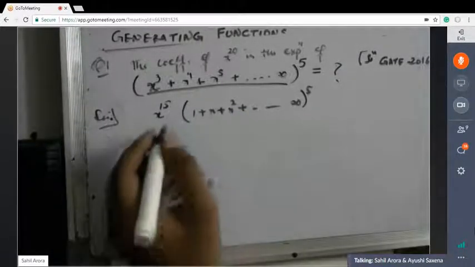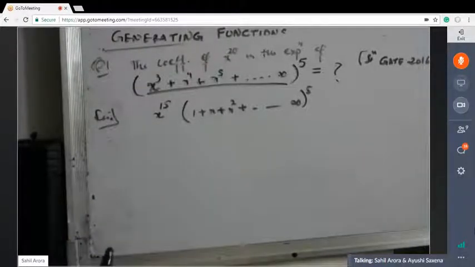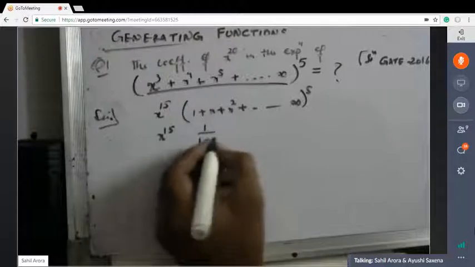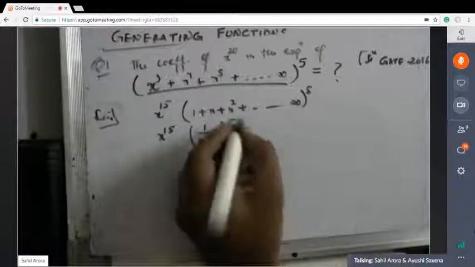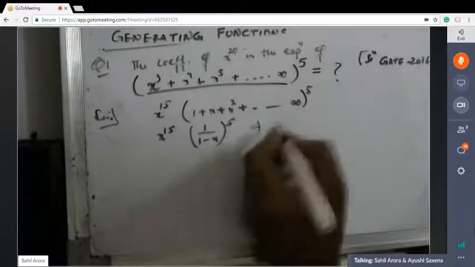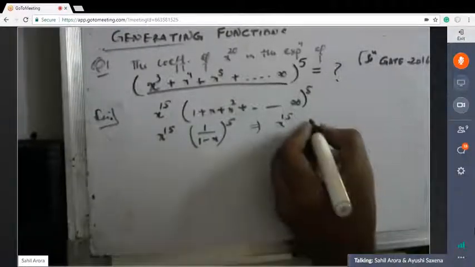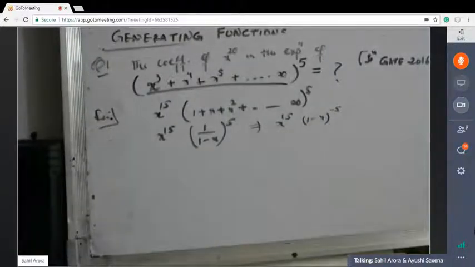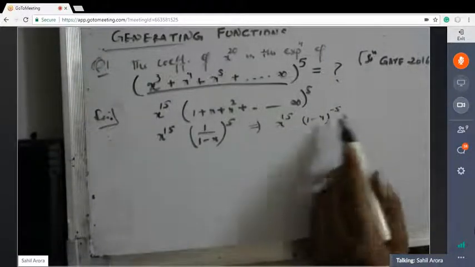Now this whole is nothing but 1 upon (1 minus x) whole power 5. I can also write it as x to the power 15 into (1 minus x) whole power minus 5.